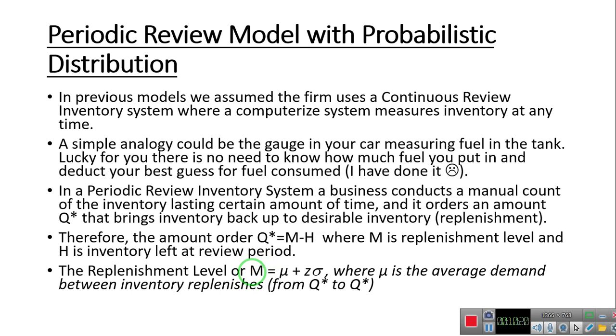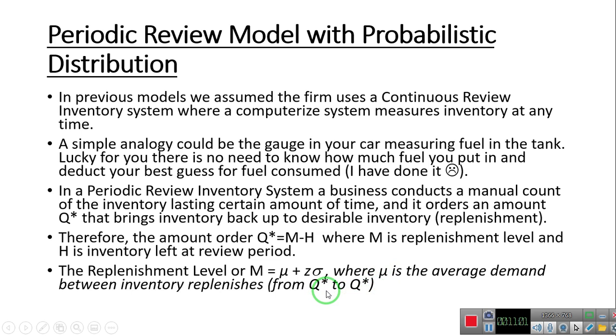So to figure out approximately what that demand is going to be and that replenishment level, we're going to use the same formula again that we've used before, which in this case, instead of calling it the reorder point, we call it M equals mean plus Z times the standard deviation, where the mean is going to be the average demand between inventory replenishments. We're going to see that in just one second. So basically from Q star to Q star, from order to order.